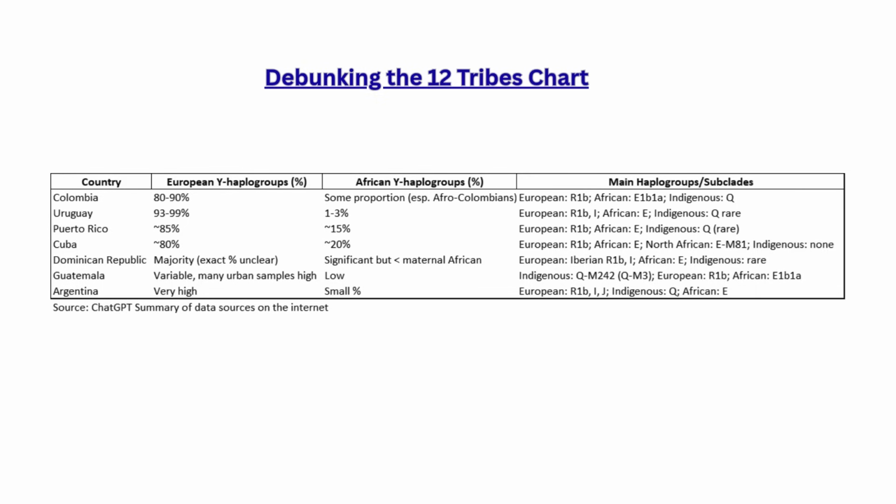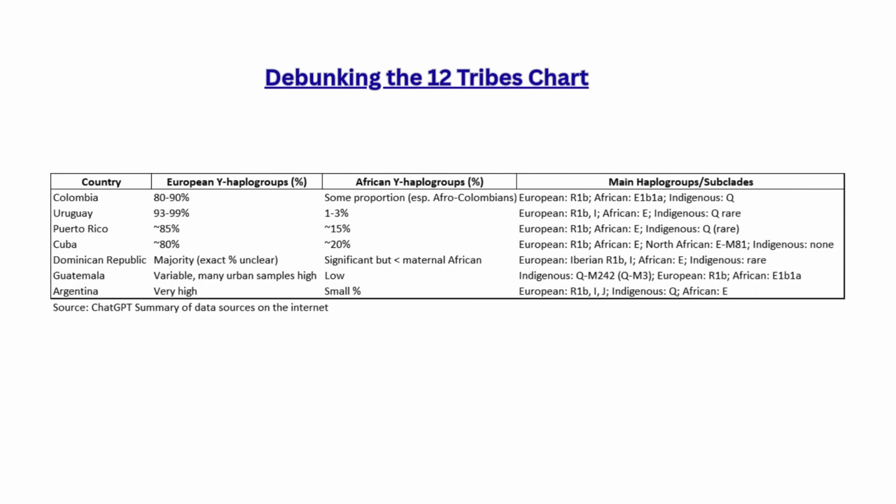Guatemala, a mix, and when they say African, you can think African E1B1A. For the most part, that's what they're calling African in this chart here. In Guatemala, it's low. Argentina, small. In this case, it's like 10% or so.